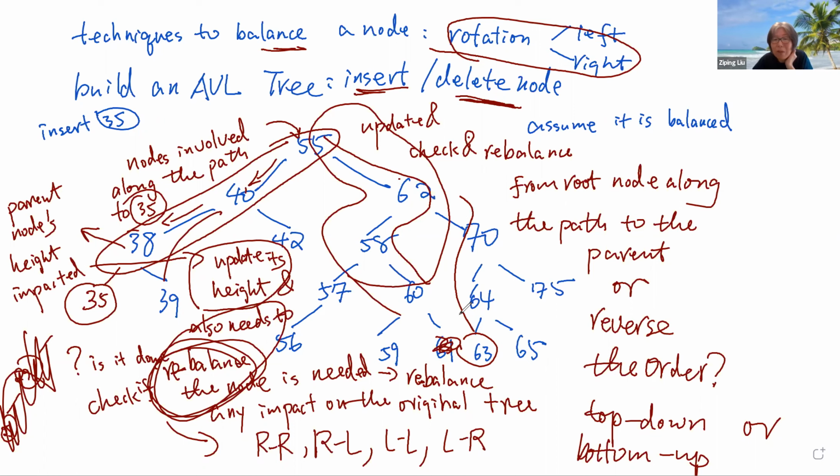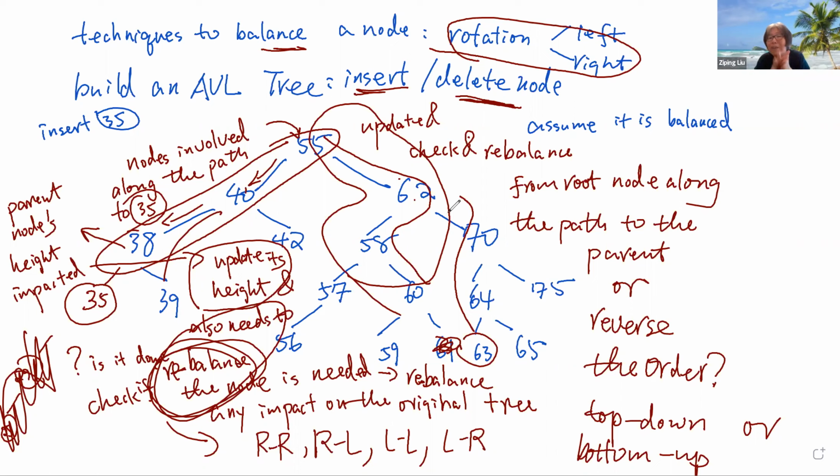For delete, it's a little bit more complicated, because when a node has two children, deleting involves a swap, and then you do the delete. But we will take a look at the coding part for the AVL tree, and we will fully understand.